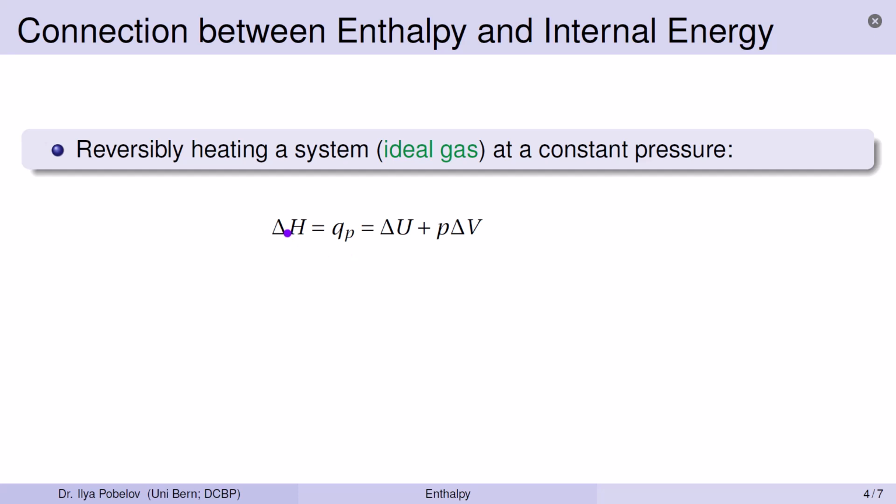This heat and delta H are also equal to the sum of the change in internal energy, delta U, and the work done by the system during its expansion, which is represented by P delta V. This relation is particularly simple in the case of an ideal gas. For an ideal gas, this work of expansion can be replaced by the term nR delta T, where delta T is the change in temperature.